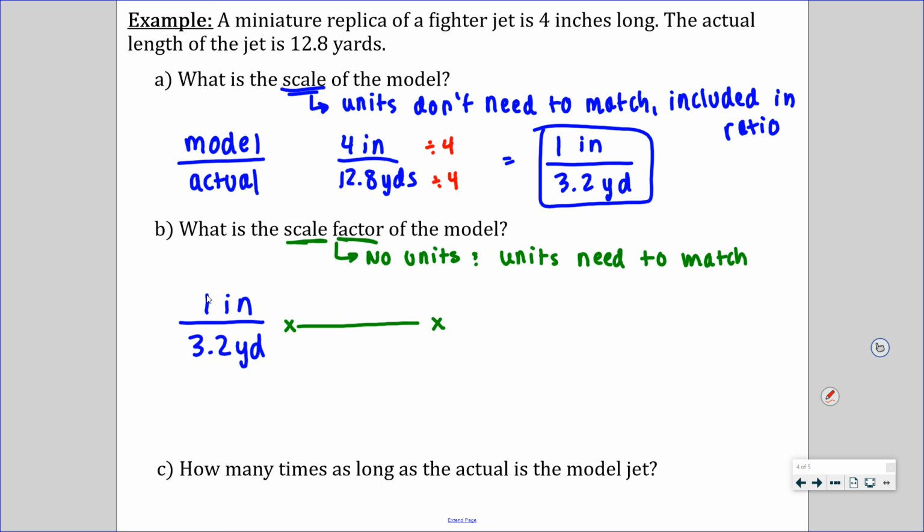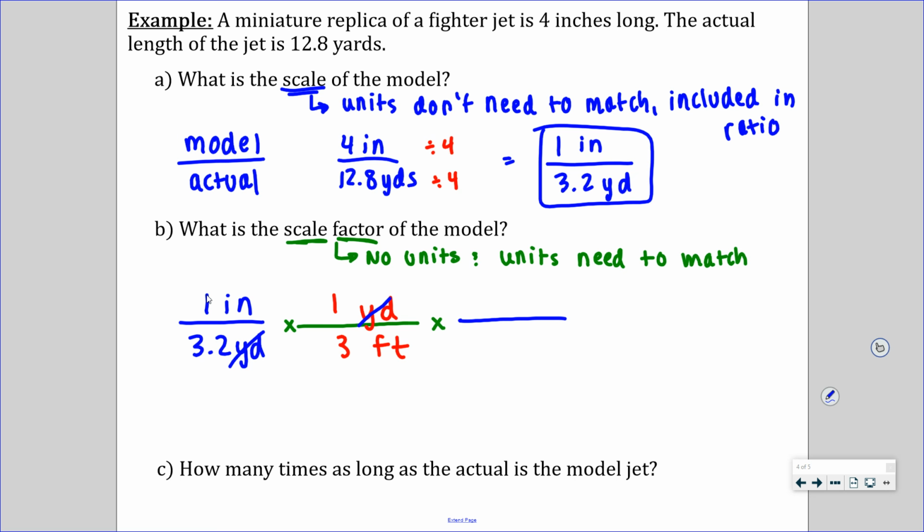3. Okay. So since I want my yards to cancel out, I need one in the numerator, one in the denominator. I need them kitty corner. So I know that for every 1 yard, there's 3 feet. Okay, like I said, you might remember doing this in physics. So these yards cancel. If I were to go through and do the math right now, I'd have a comparison of inches to feet. But again, I want the units to be the same.